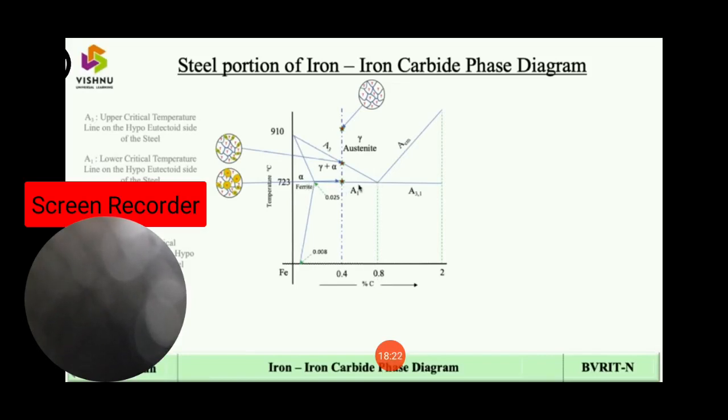So below this line, the eutectoid temperature line or lower critical temperature line, all the austenite will attain 0.8 percentage of carbon, which is exactly required for the eutectoid reaction to occur, and the austenite will now transform through the eutectoid reaction into a ferrite plus cementite mixture, which is pearlite.